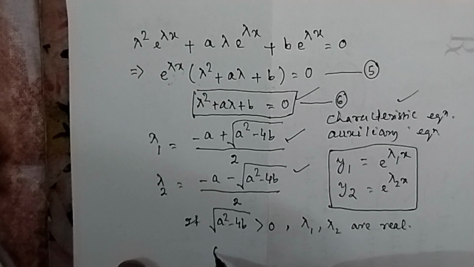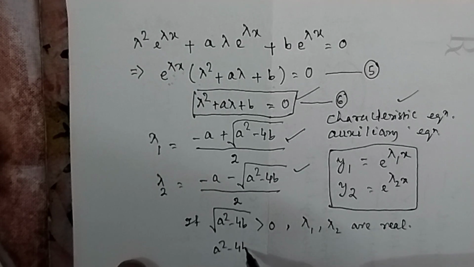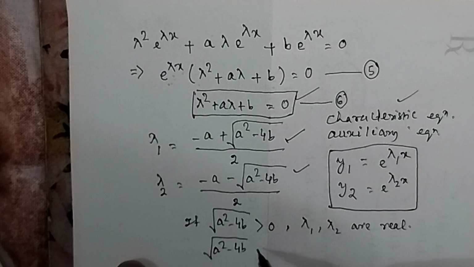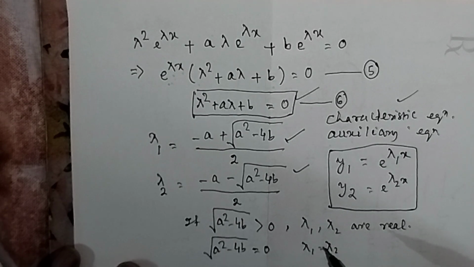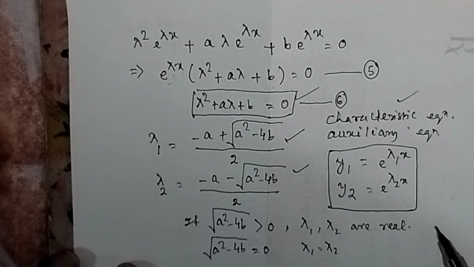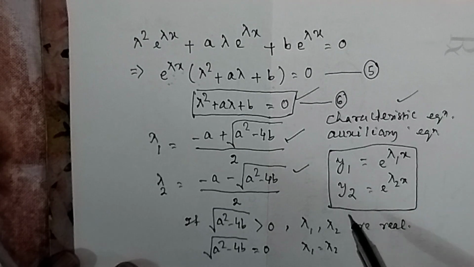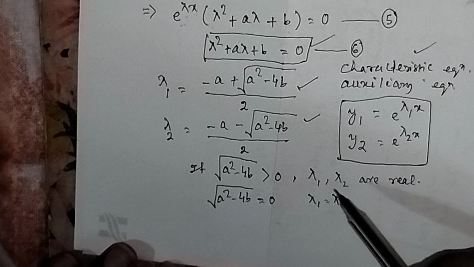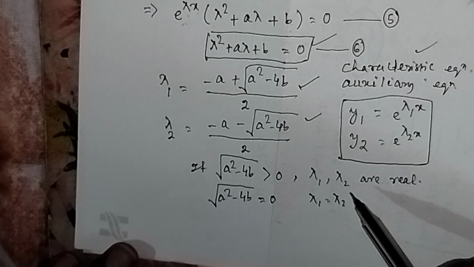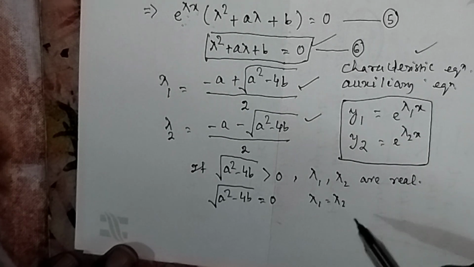But if a square minus 4b is equal to 0, then lambda 1 will be equal to lambda 2. That is, the roots are equal and you have only one solution. You cannot get two solutions.